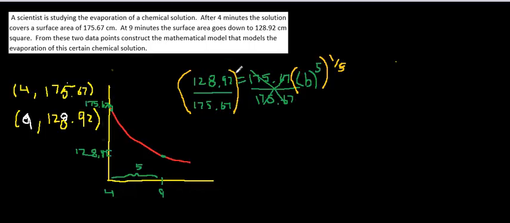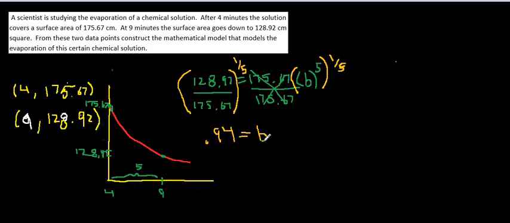So we raise this to the 1/5 power, and once you do your calculations, with a little rounding, it's about 0.94 equals b.